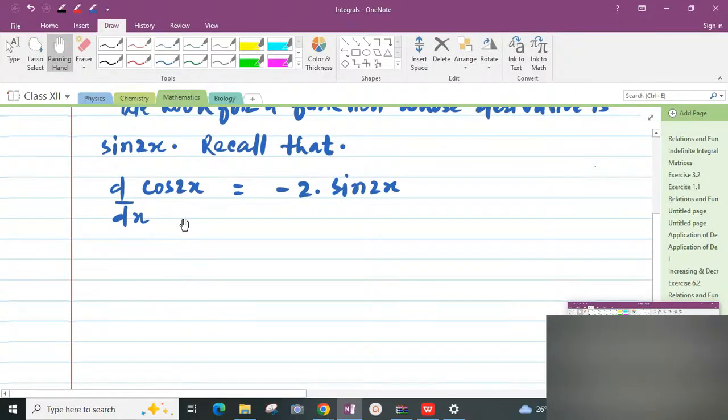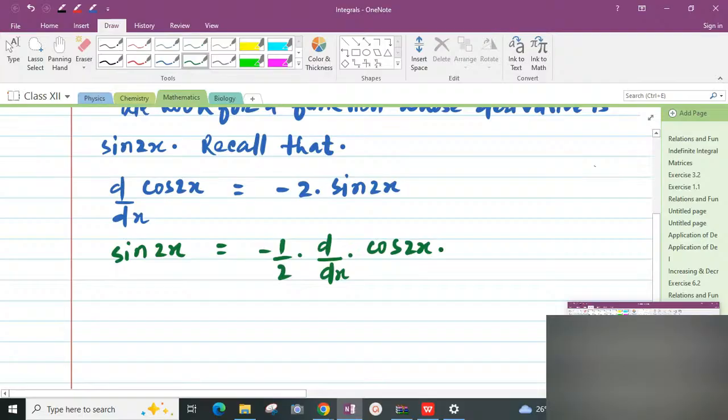Therefore, here we will have sine 2x equal to minus 1 by 2 d/dx of cos 2x. Hope that there is no problem to understand up to this step.